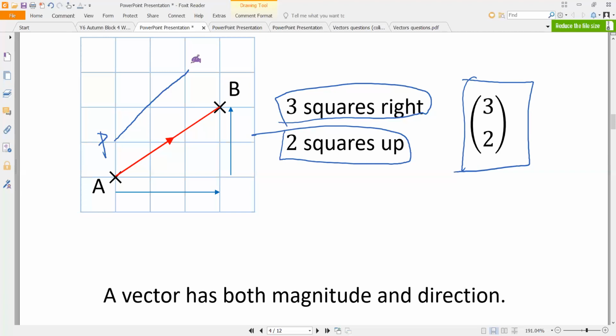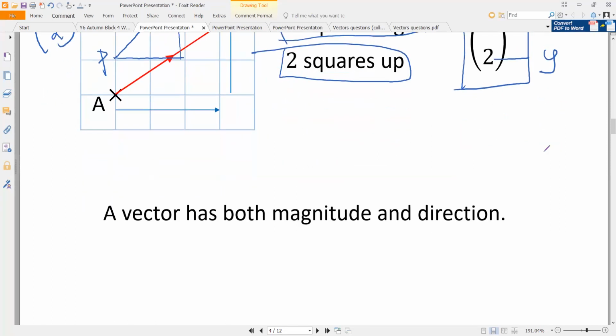And this is P. This is Q. From P to Q, my column vector will be, I have moved 2 steps to the right and then 2 steps up. So a column vector will simply be 2, 2. Kindly note, the 3 here is your x-axis, and then the 2 is your y-axis. So you need to take note of that, so that when you're given a question, you know that on the top part, you must write the x value, and then on the bottom part, you have to write the y value.